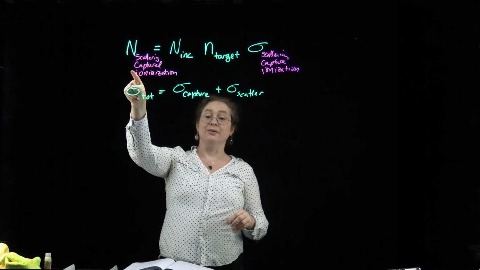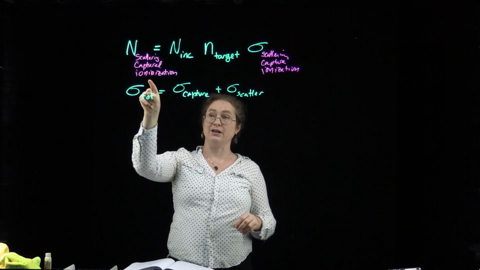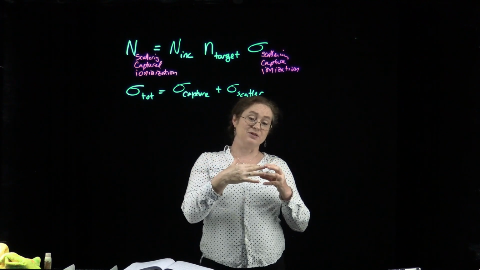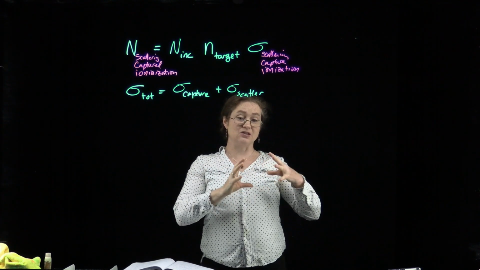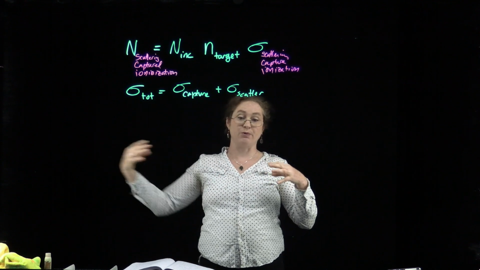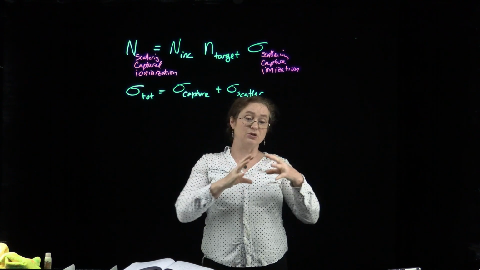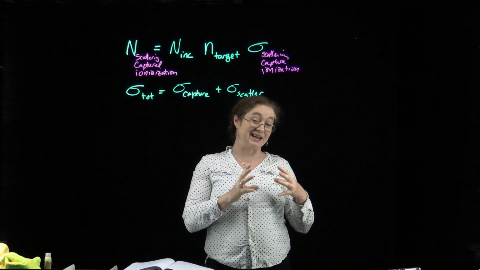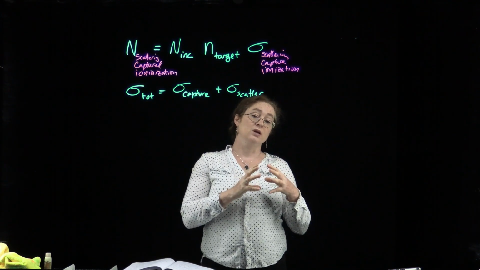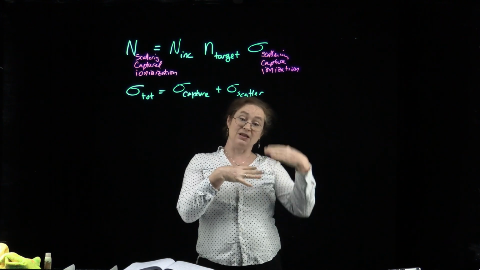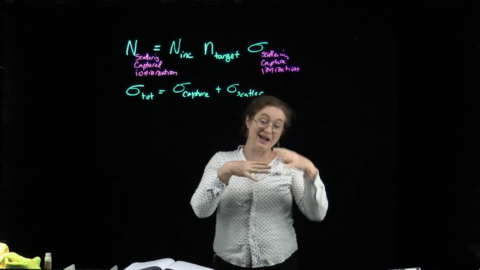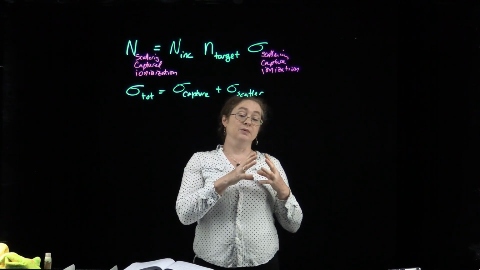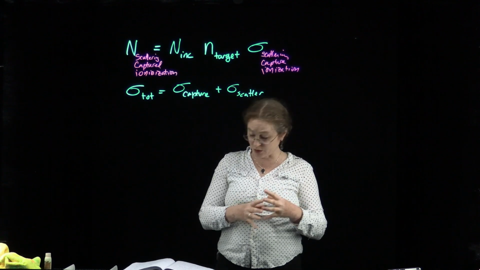That could be capture of the projectile. It could be ionization. It could be that your projectile comes in and excites the nucleus. Maybe a proton comes in and excites the nucleus into a higher level, so it's now an excited nucleus, where the nucleons are not in their ground state. So that is not the same target as you had before the collision.